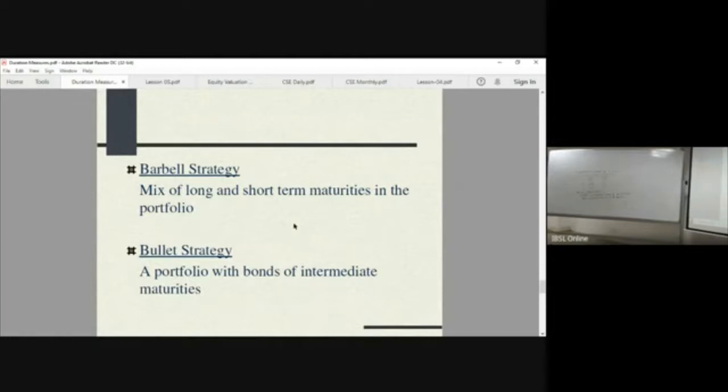So that is the barbell strategy. You have a mix of longer and shorter term bonds. Your ultimate intention is to have a moderately low duration portfolio. Why do you want a low duration? Because your risk is low in a low duration portfolio.